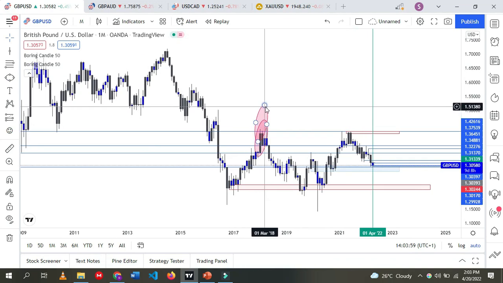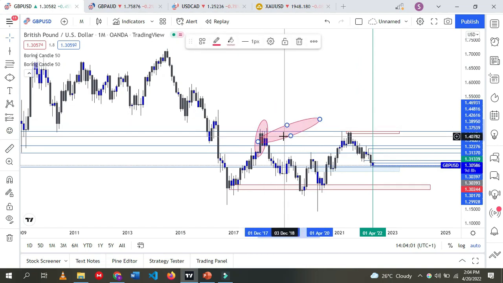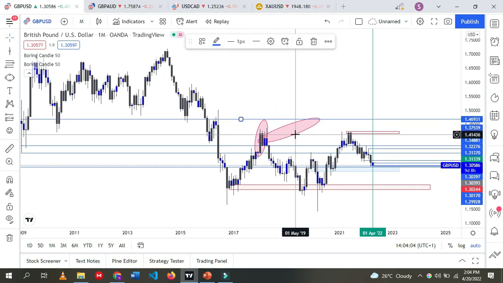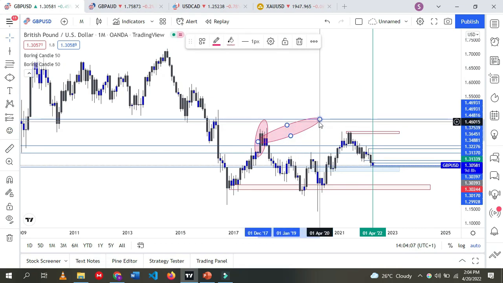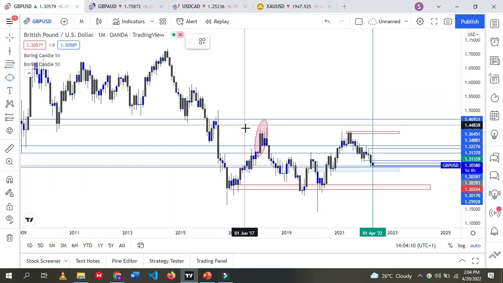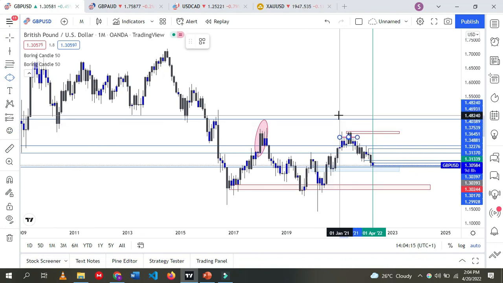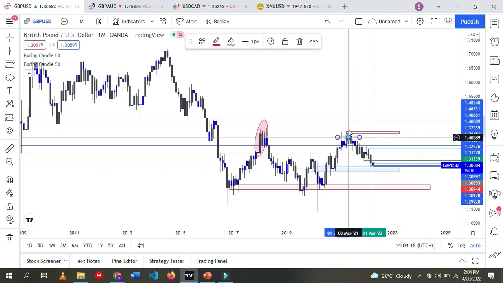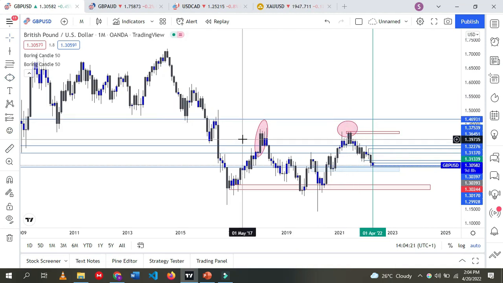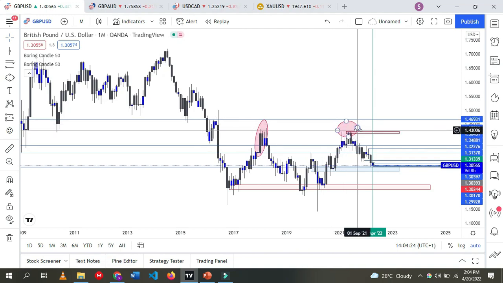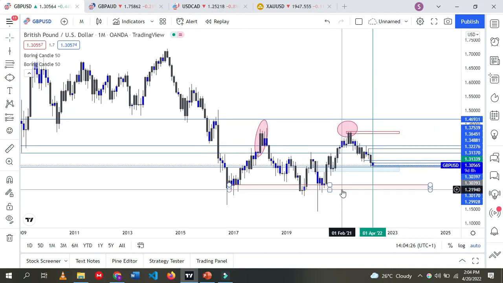Then price decided to come back to the level again. Price came here, then came back to that level again. These are part of what we'll be learning in technical analysis, because technical analysis is analyzing your chart based on past trend to predict what is going to happen again.